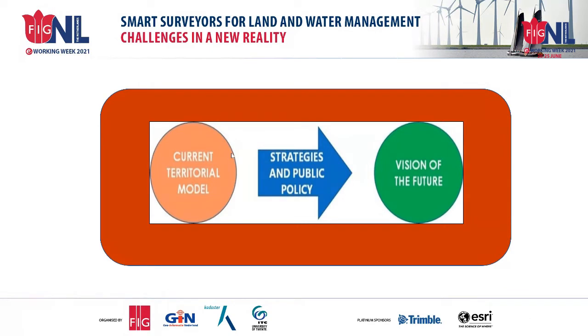Of course, we are not able to work with the whole reality. We model based on geographic information and different models in order to create our current territorial model, so that with the strategies and public policies we design, we can obtain the future that we want.